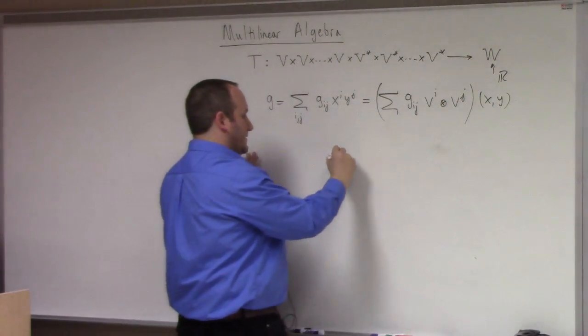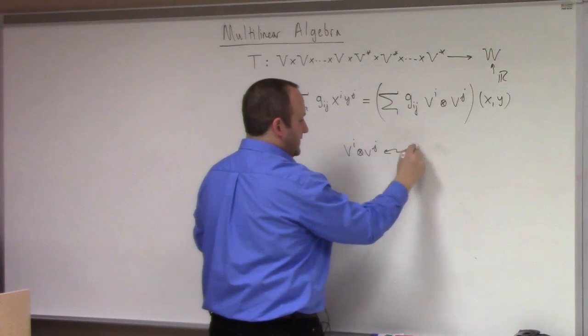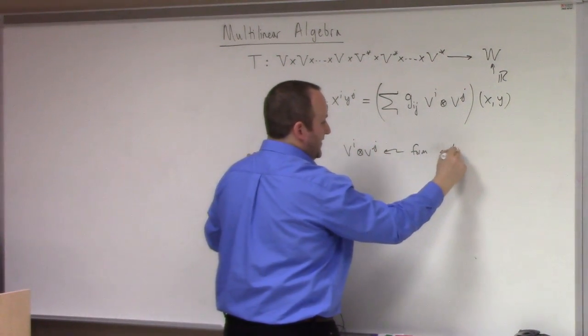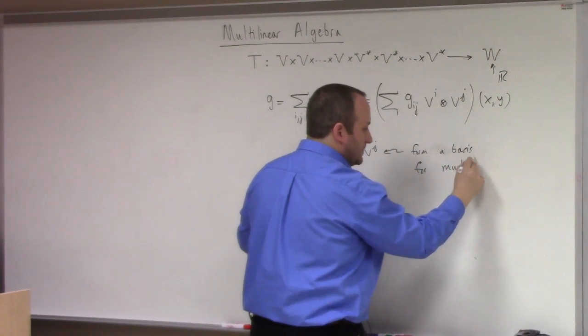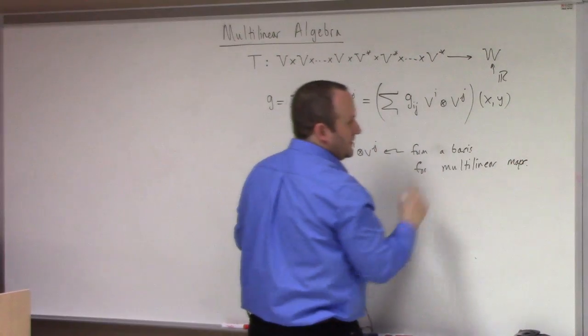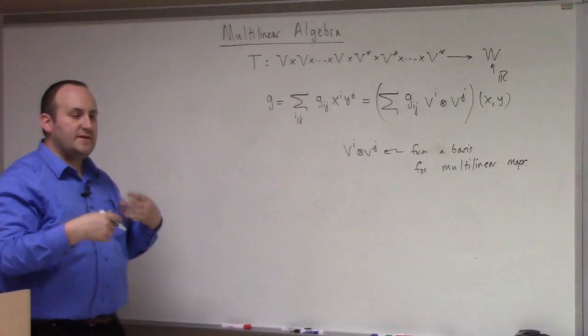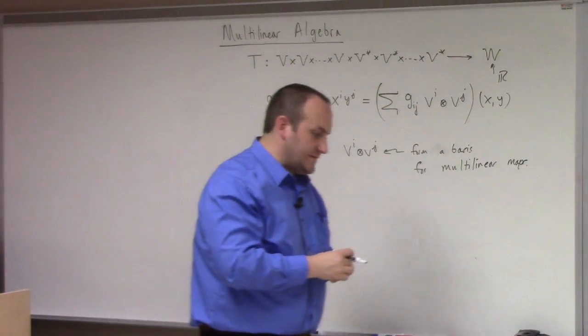So these things, like v upper i tensor v upper j, form a basis for multilinear maps. It's a little bit more than that. This also gives us a way of formally multiplying vector spaces in some sense.